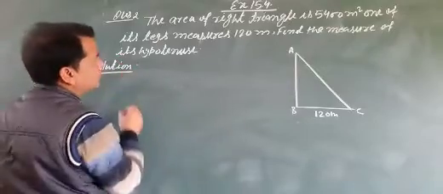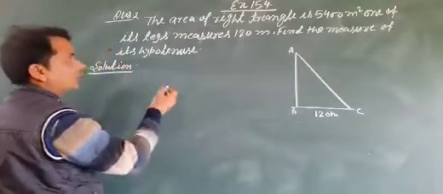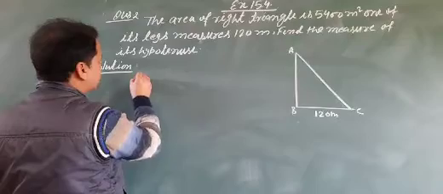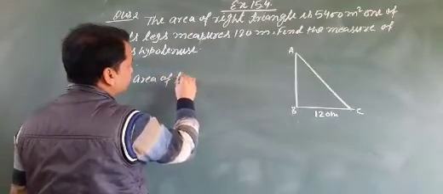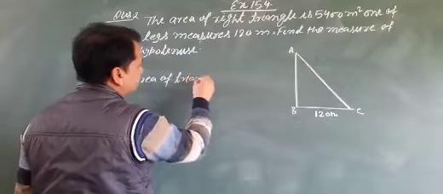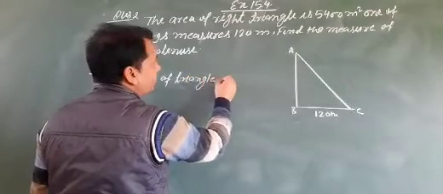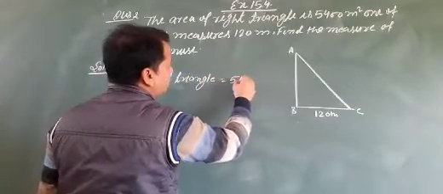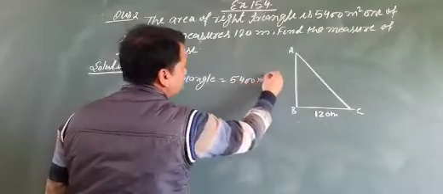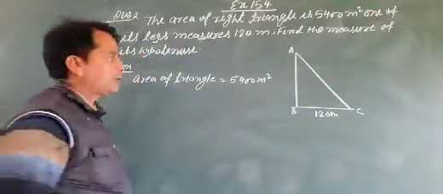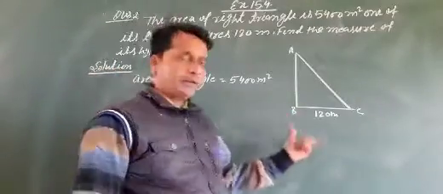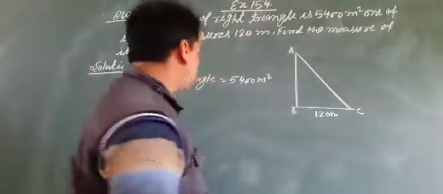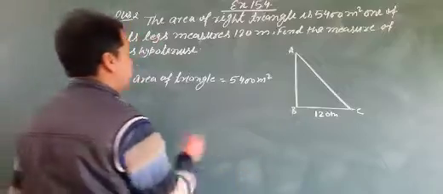Area of triangle is given, 5400 meter square, and one side of the right triangle is given, 120 meter.